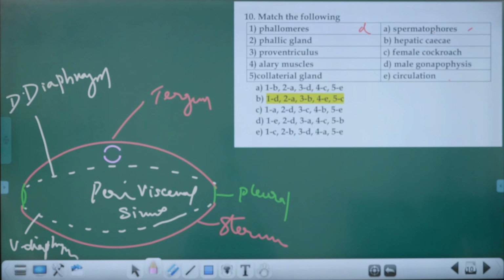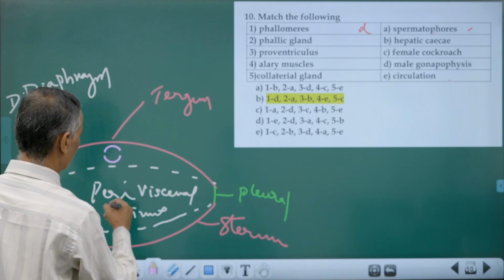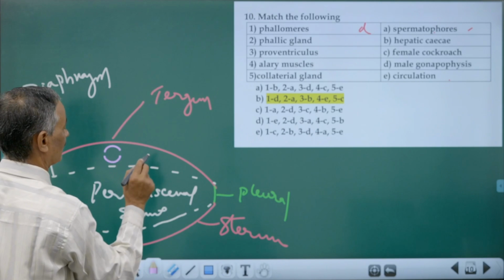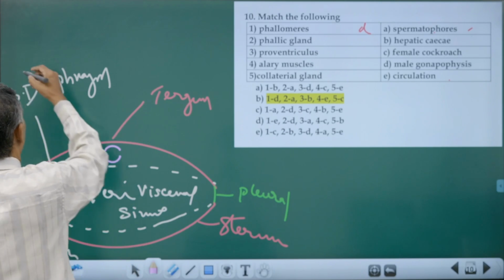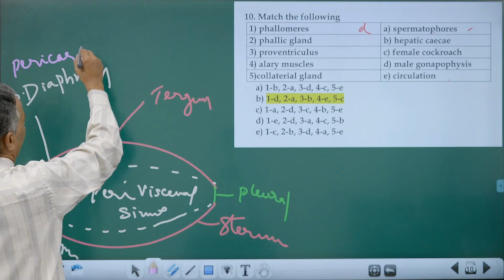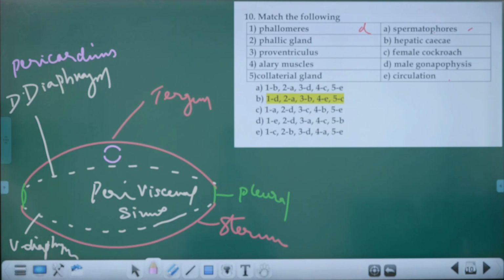13 chambered heart, 3 chambers in thorax, 10 in abdomen, and the heart is separated from the perivisceral sinus by means of the dorsal diaphragm that acts as the covering for the heart. So it's also called pericardium. This acts as the pericardium. Dorsal diaphragm is also the pericardium.